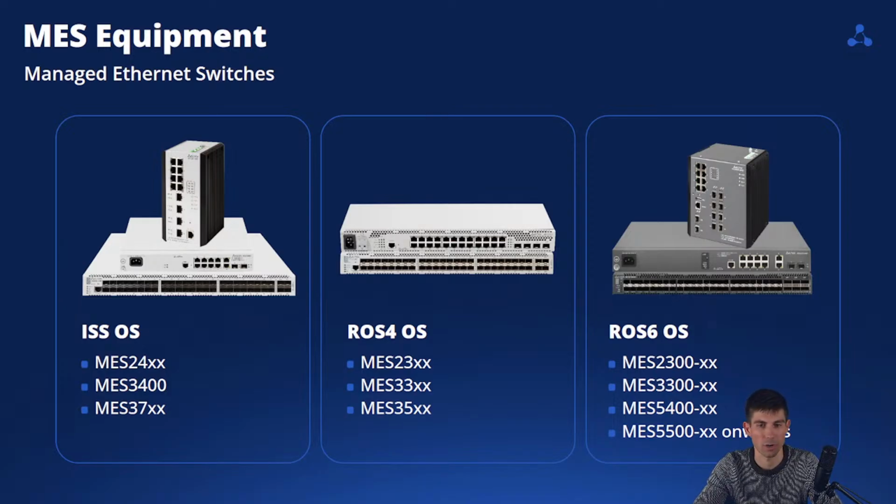These models are full L3 with advanced routing capabilities, and they have a slightly different architecture, allowing us to offer a Cisco-like command line interface. So these are more advanced and quite easy to get started with.